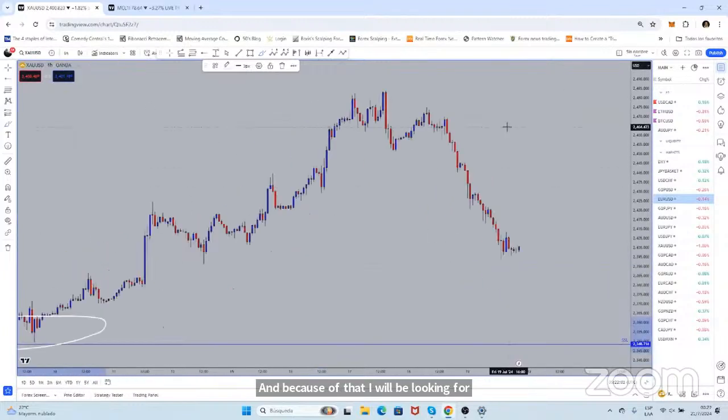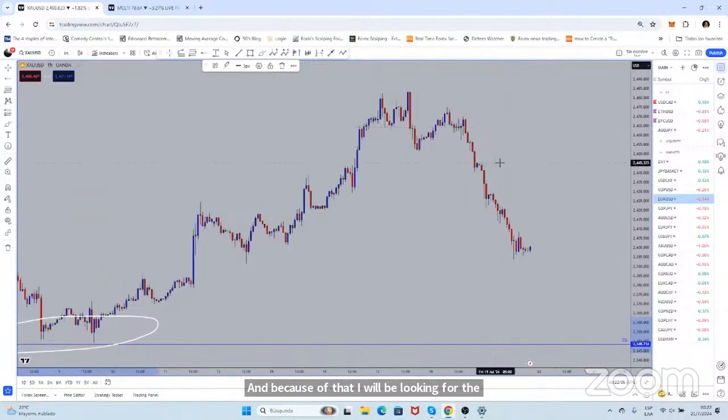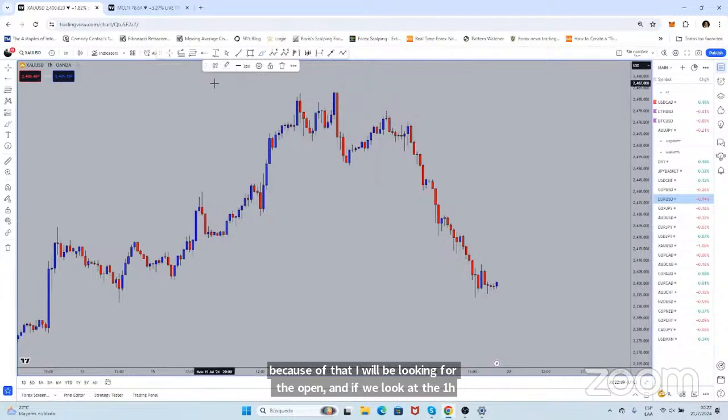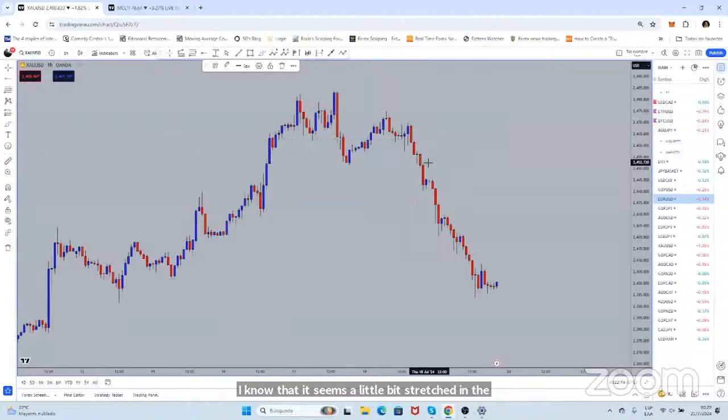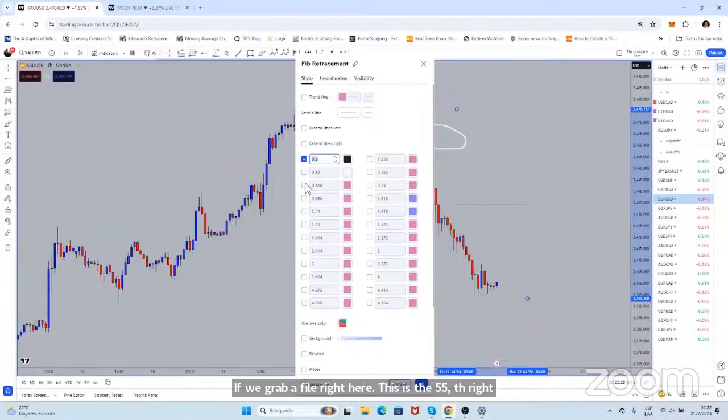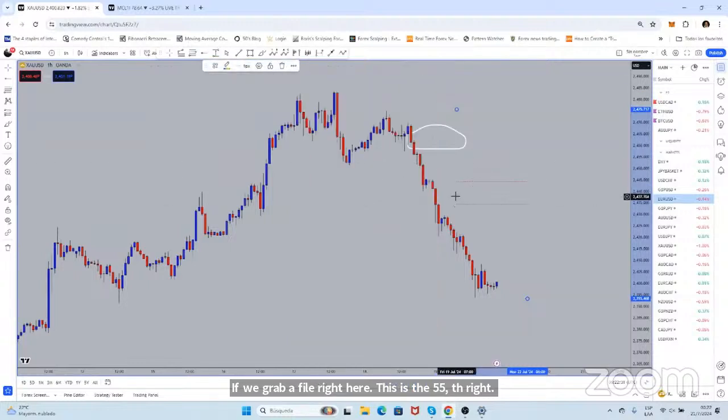And if we look at the 1 hour chart, I know that it seems a little bit stretched in the sense that I would love to get involved short around at these levels right here. If we grab a fib right here, this is the 50 fib, right? Let's grab a 61.8.